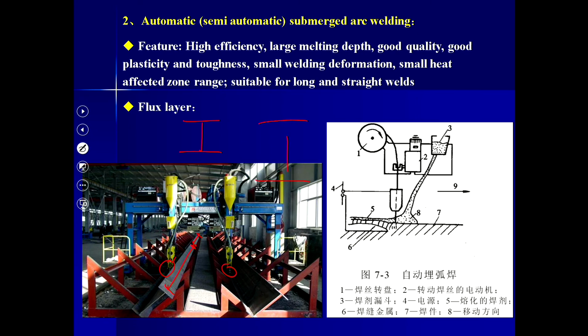I zoom in. Here you weld together, and then another side welded together, and also the bottom side, and also this side. Okay, now it will make a very big I-shaped steel. This steel can be made as columns.